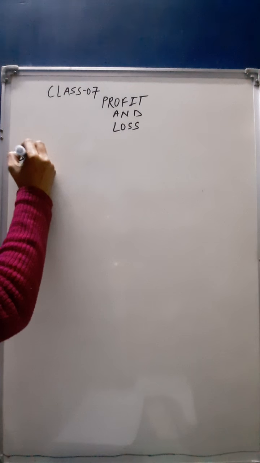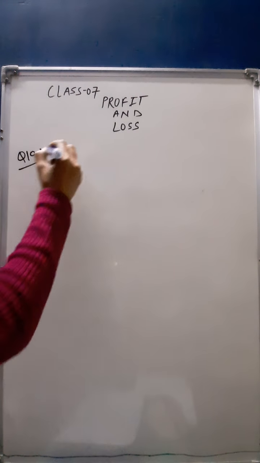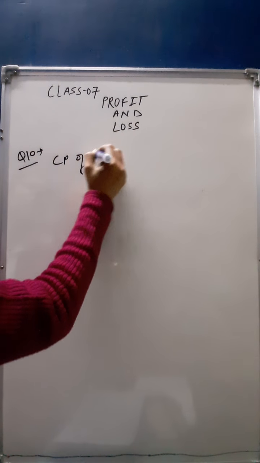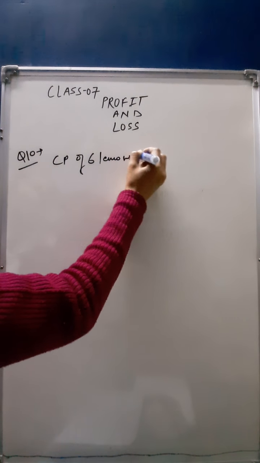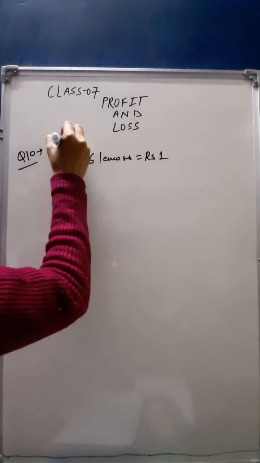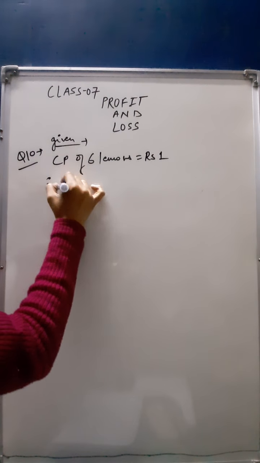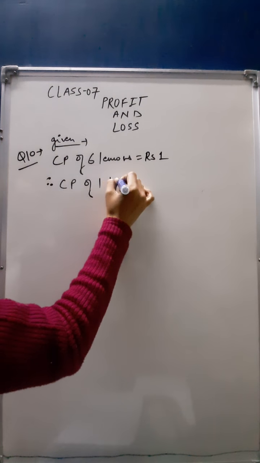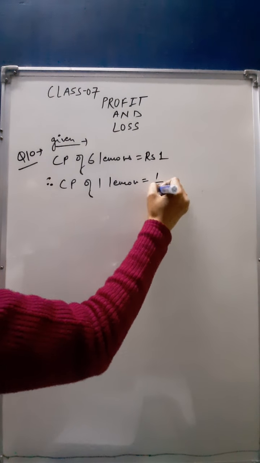Now I am discussing the last question for this exercise, that is question number 10. In question number 10, a vendor bought lemons at 6 for a rupee. So the cost price of 6 lemons is ₹1. Therefore the cost price of 1 lemon will be 1/6 rupees.